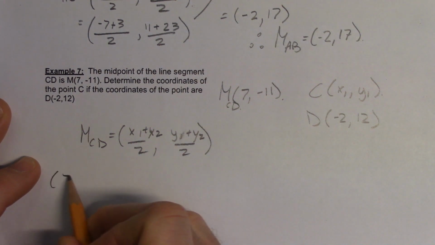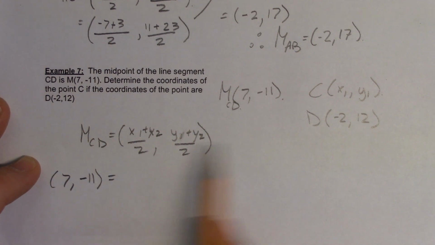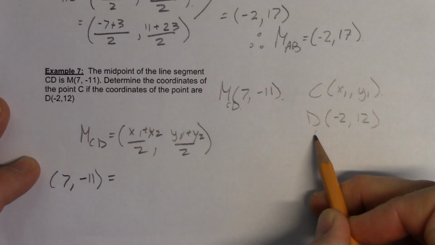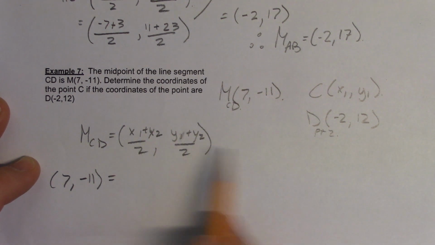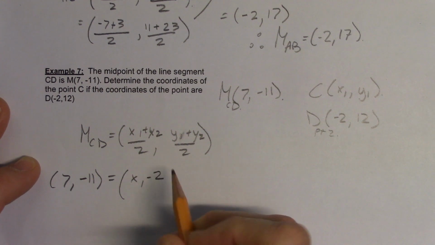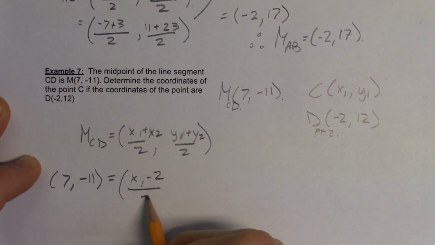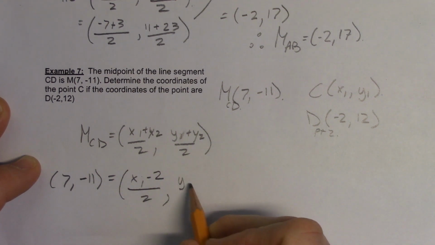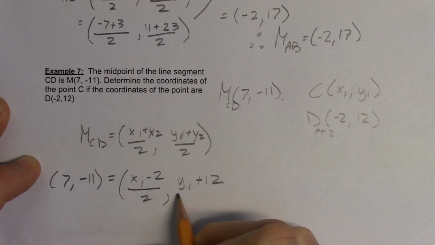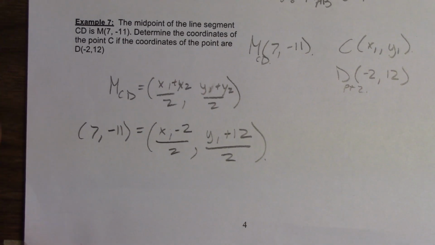So it's actually 7, -11 equals, and we actually know this is point 2, right? So we know x2 and y2. So we can fill this out. Does that make sense? You guys with me there? What would be the next step?